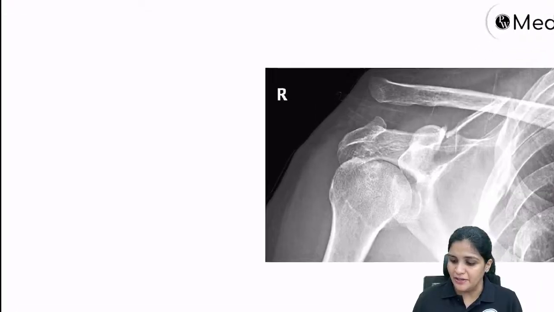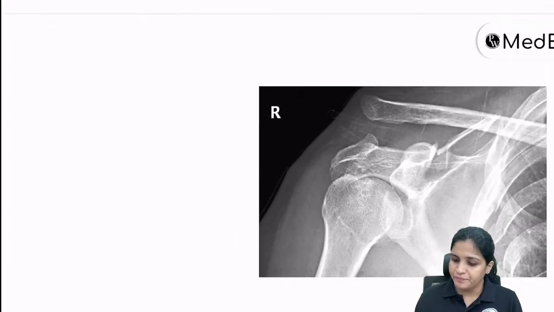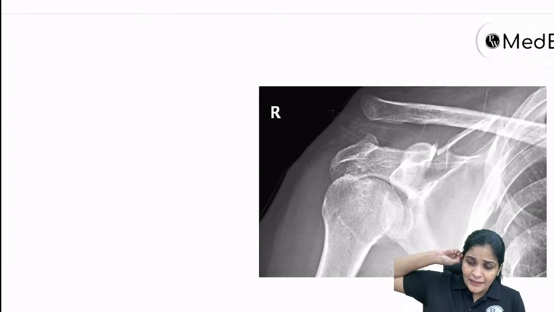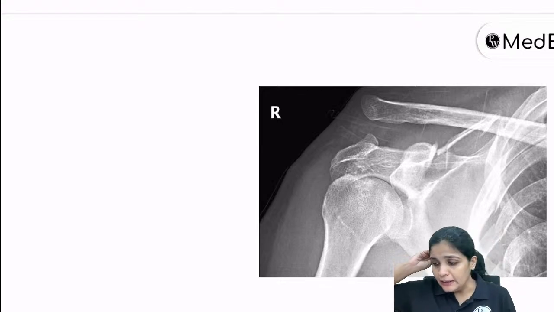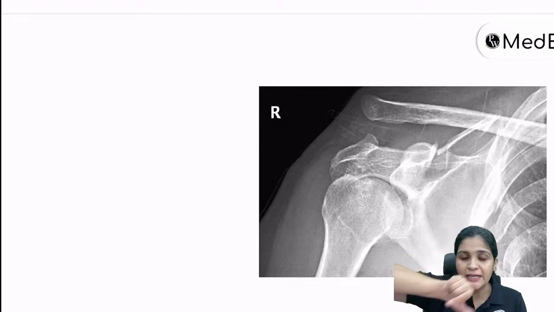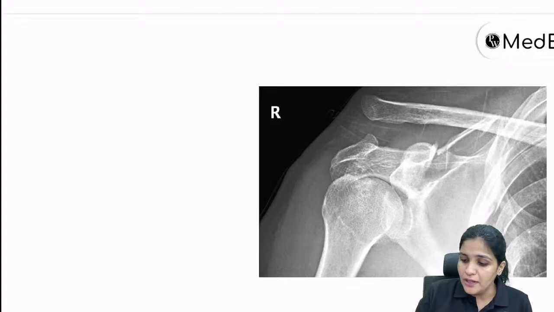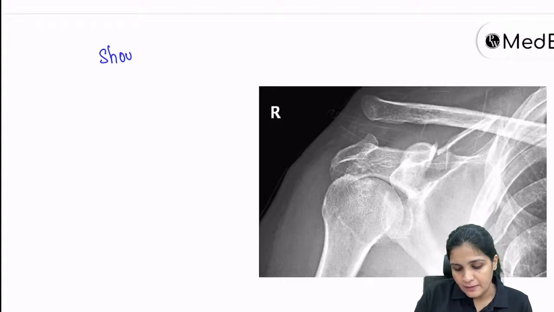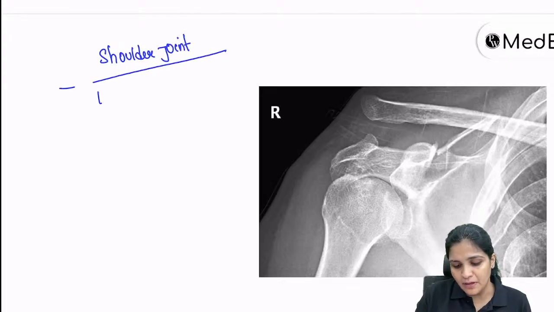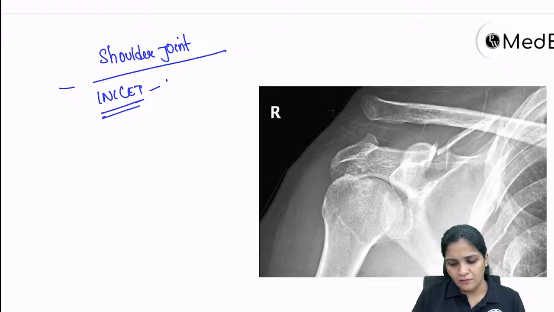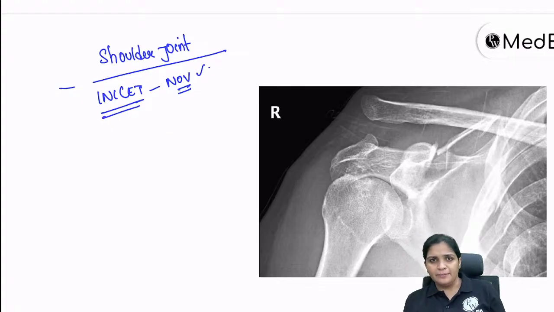Next, what is this image? This might take a little time for you because I have not put the bilateral image, only a single image. This is the X-ray of the shoulder joint. And this was asked in the INI-CET November, the last exam, right? So what is this?